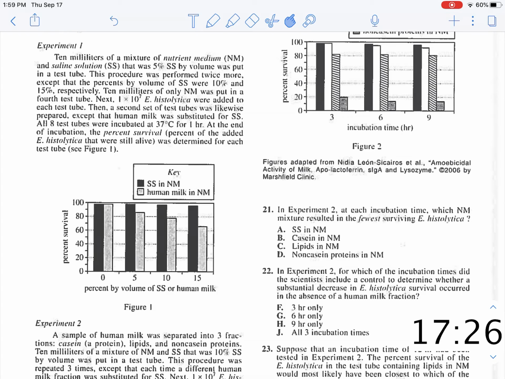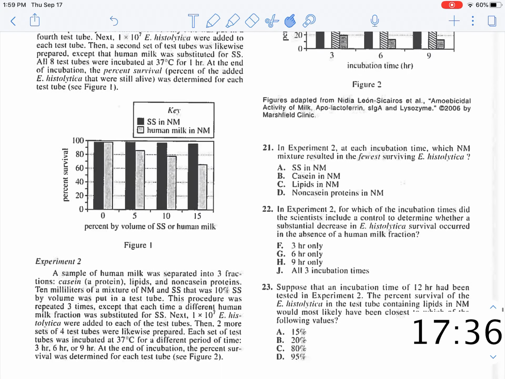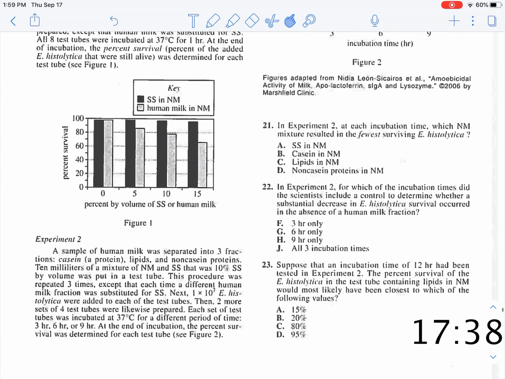So 1 times 10 and then... Man, that is so weird. All 8 test tubes were incubated. At the end of incubation, the percent survival. Great, that makes perfect sense.